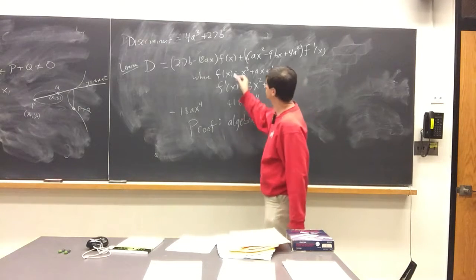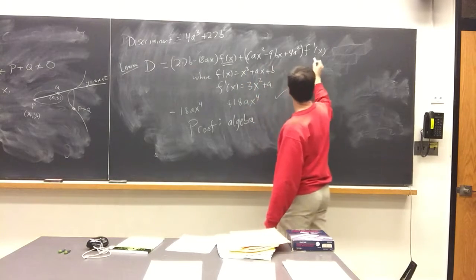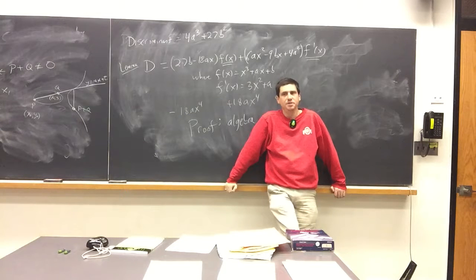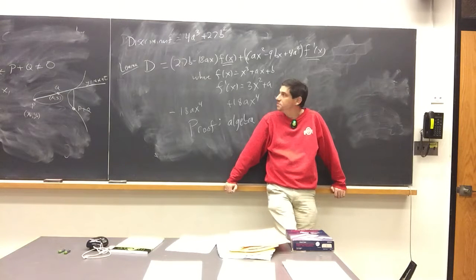Well, what's really going on is we're saying that some combination of f and its derivative is going to give the discriminant. There's some deep theorem going on here in terms of some kind of linear combination, in terms of writing functions in terms of them, and the fact that this ends up being constant.